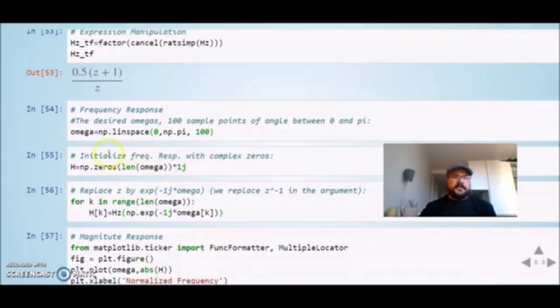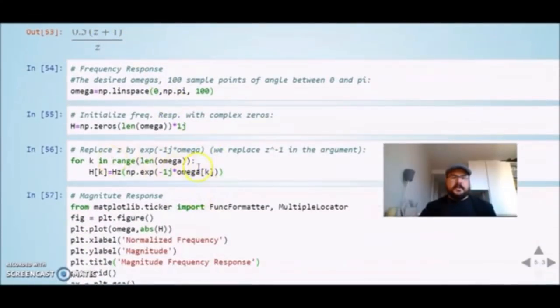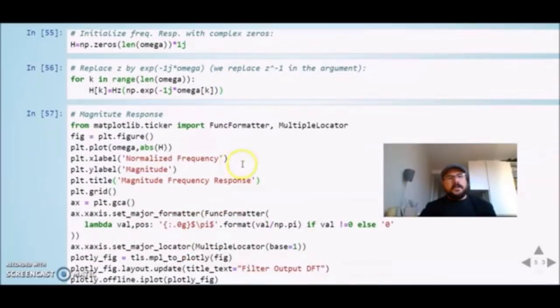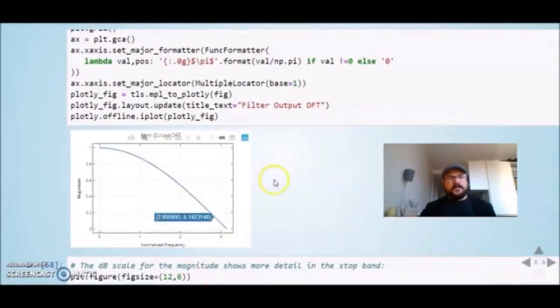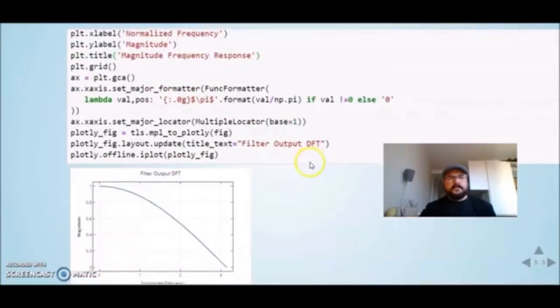So we're initializing a frequency response with complex zeros, and here we are replacing Z by e to the power of j omega. And then we can compute here, we have the magnitude response for 100 points.